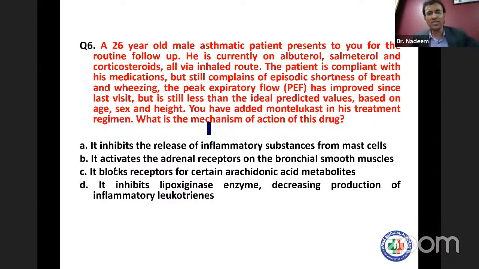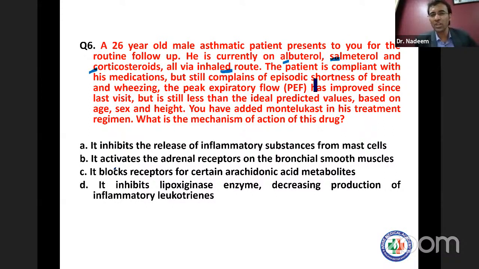Next question. A 26-year-old male asthmatic patient presents to you for routine follow-up. He is currently on albuterol, salmeterol, and corticosteroids, all via inhaled route. The patient is compliant with his medications, but still complains of episodic shortness of breath and wheezing.